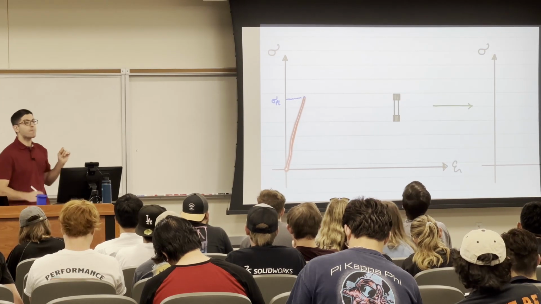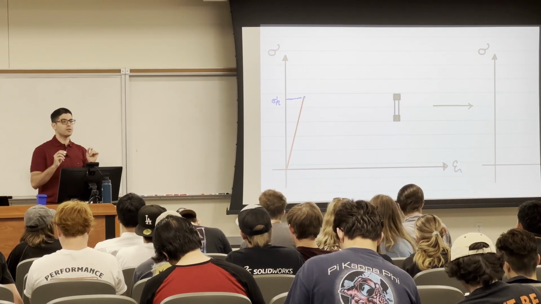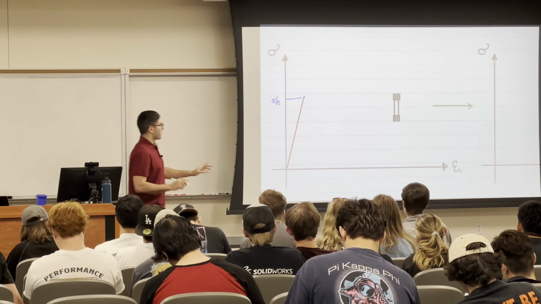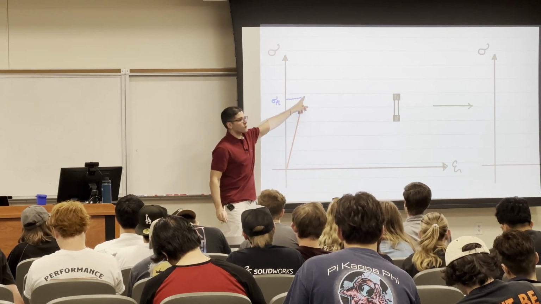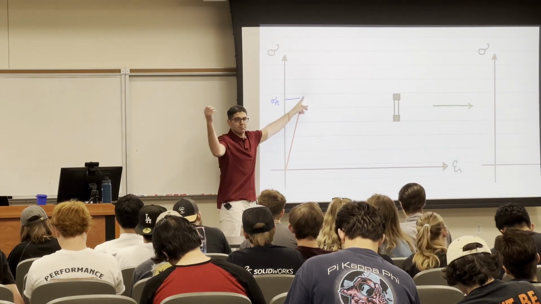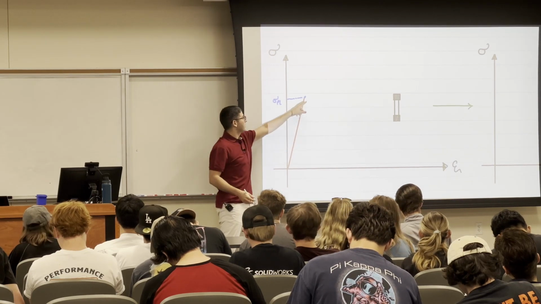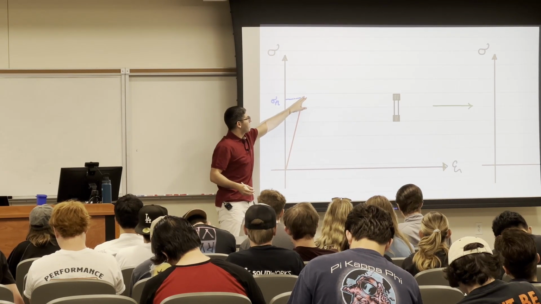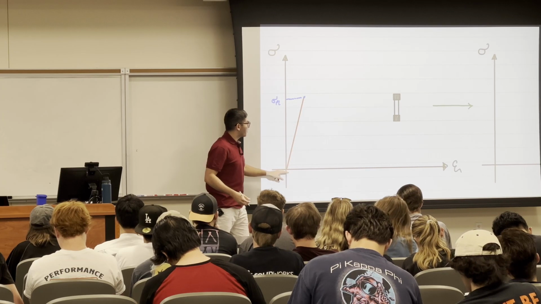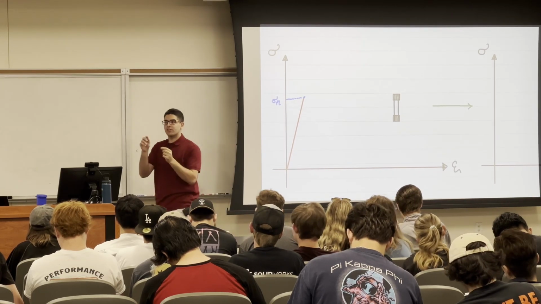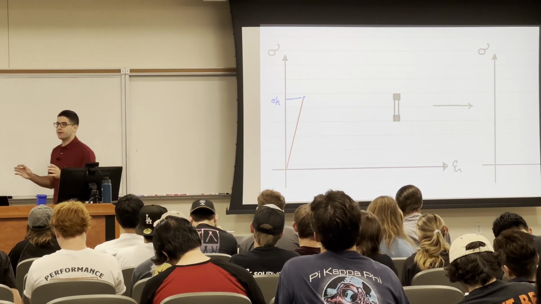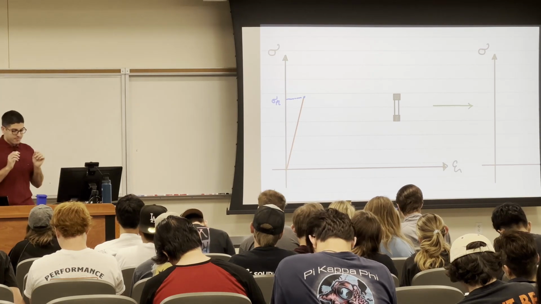So I don't have any permanent strain in the rod. It's important. I loaded it, I decided to stop, I removed the rod from the machine, there will be no permanent deformation, which means that if I measure the length of it, it's going to be the same.